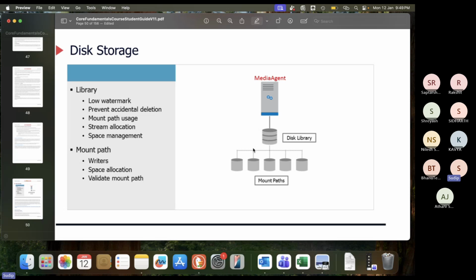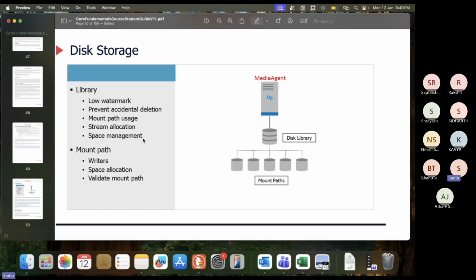Maybe enough water is there in the reservoir, but the pumps are pumping it slowly, so you're getting trickles of water at the tap. Same analogy: if you're not able to write to the storage fast enough, maybe you're not pumping the data fast enough. That's why it's slow. One way you can pump more data is by allocating more streams, so that each stream can individually push more data to the underlying storage system. That is what stream allocation means.